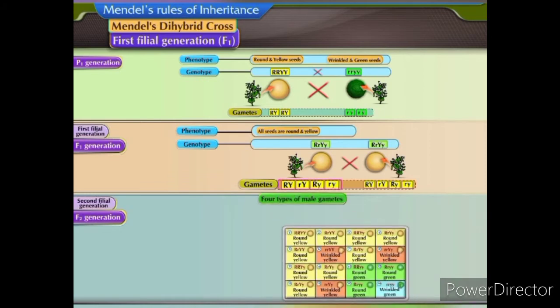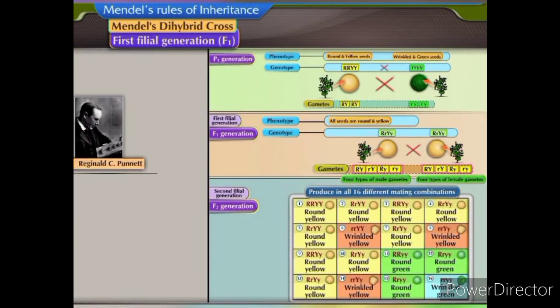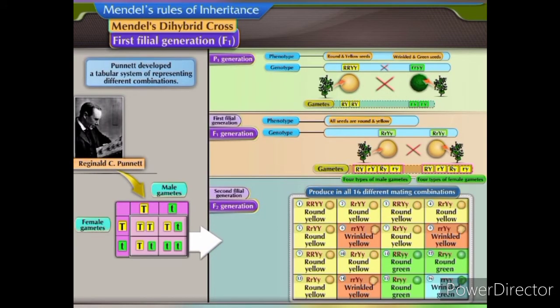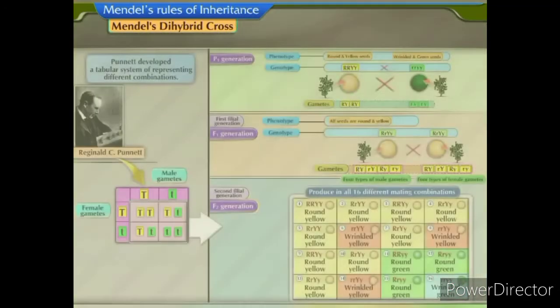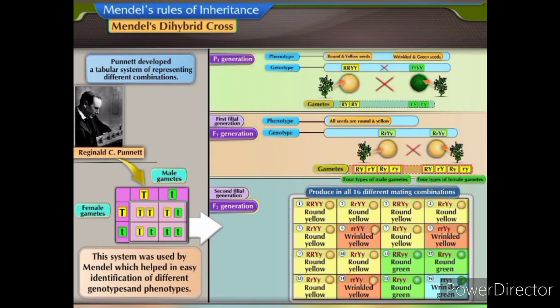The four types of male gametes and the four types of female gametes produce in all 16 different mating combinations. Reginald C. Punnett developed a tabular system of representing these different combinations. This system was used by Mendel, which helped in easy identification of different genotypes and phenotypes.